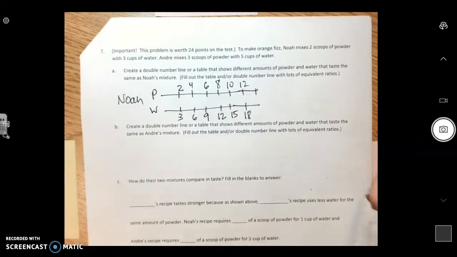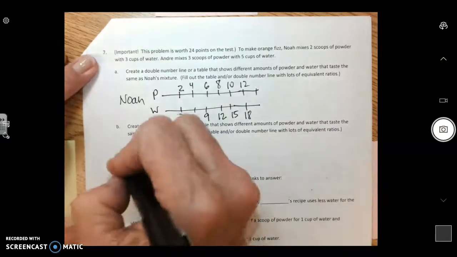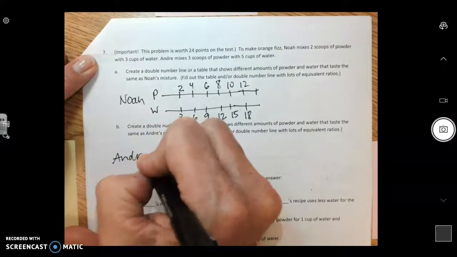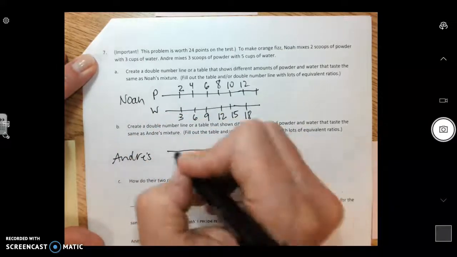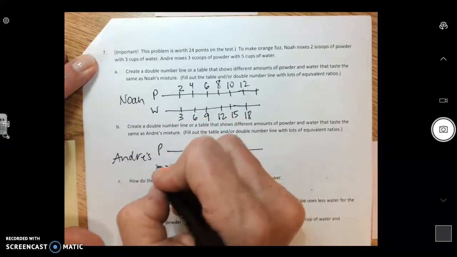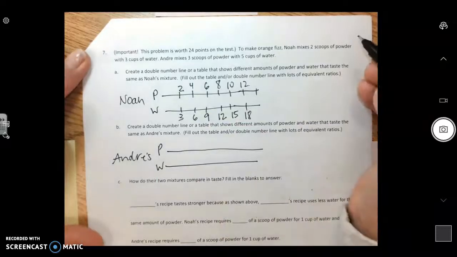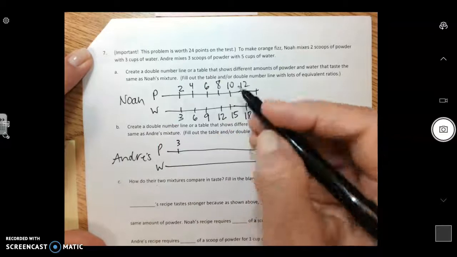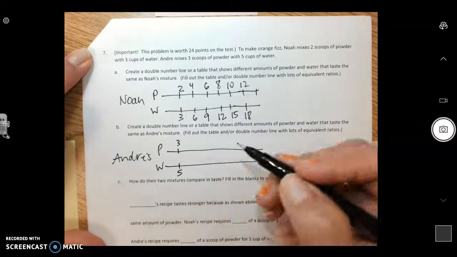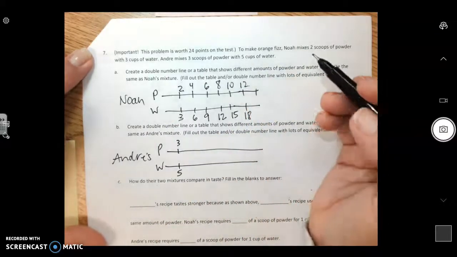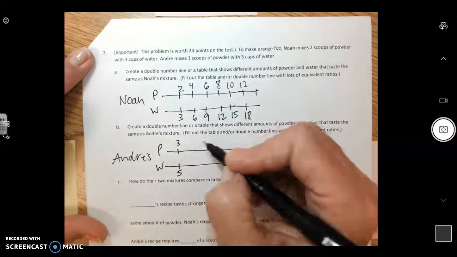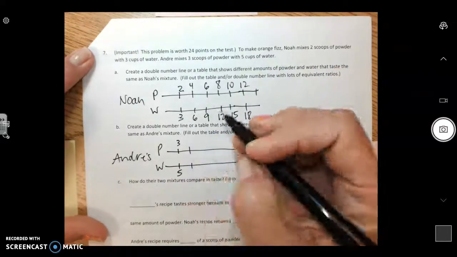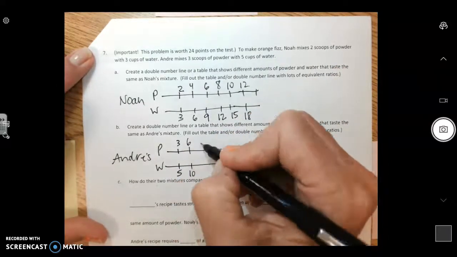Now we're going to create a double number line that shows Andre's mixture. So he uses powder and water, and his is 3 scoops of powder and 5 cups of water. So if we want to continue, make a double batch, we'll have 6 and 10.